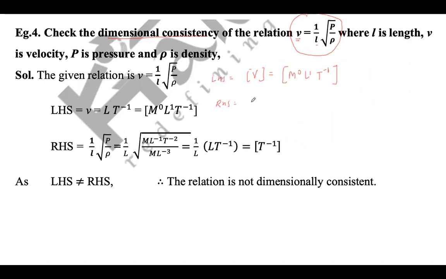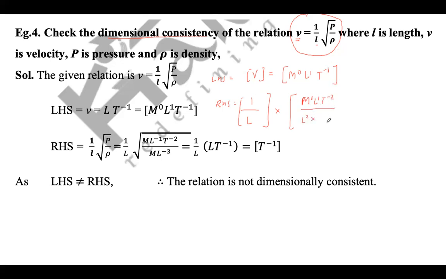राइट हैंड साइड का अगर डायमेंशन चेक करें, 1 बाय लेंथ मींस 1 बाय L into pressure is force upon area. Force upon area means force is m1 L1 t minus 2. So this is m1 L1 t minus 2 and divided by area L square.